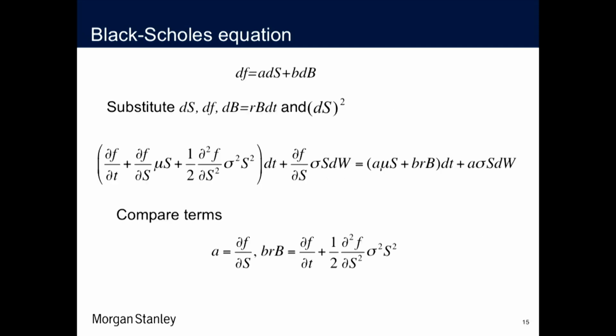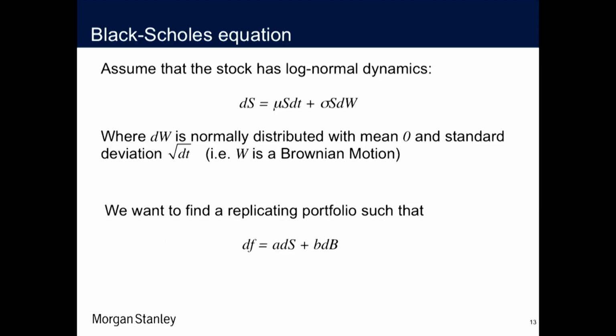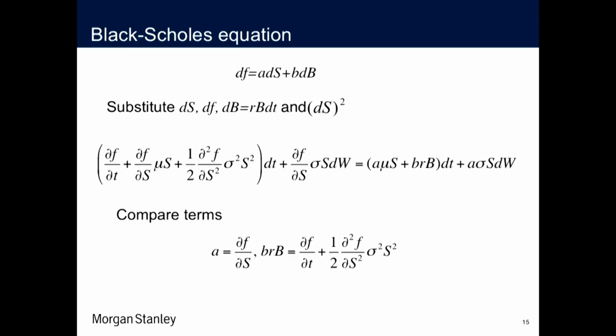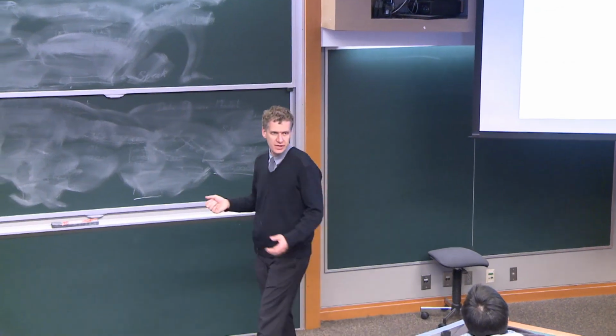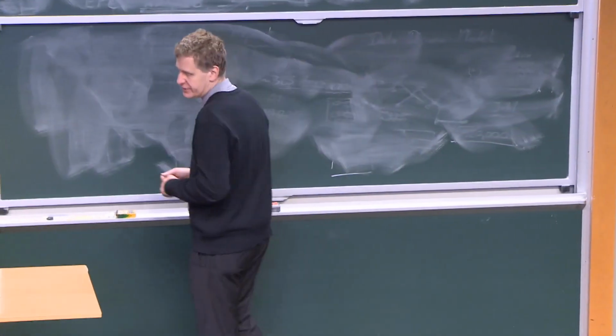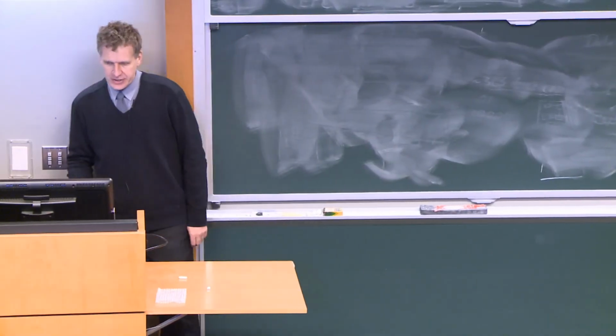So what we'll do, we'll just substitute it here. We'll substitute df, and ds, which is like this, and db. Let's not forget that b is deterministic. There is nothing uncertain about it, so db is actually rb dt, because our b grows exponentially with interest rate r.